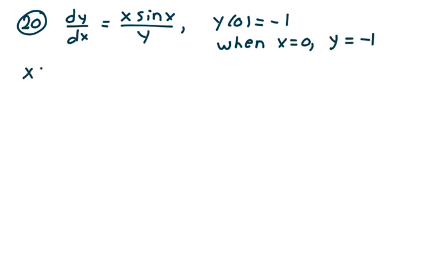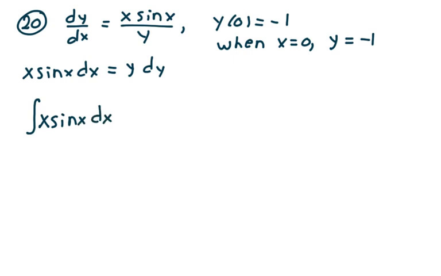So x sine x dx is the same as y dy. So we want x's on one side, y's on the other. And I could integrate both sides. So x sine x dx, the integral of that, is the same as the integral of y dy.